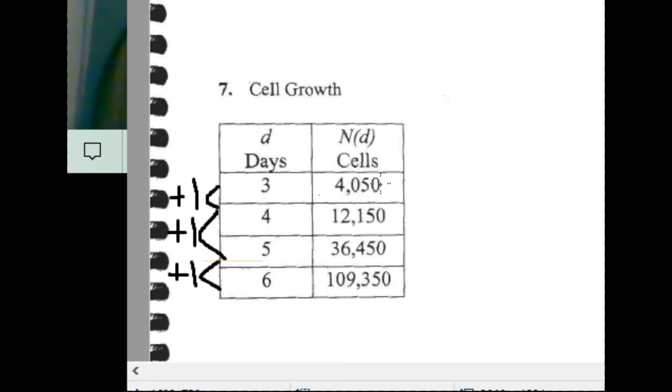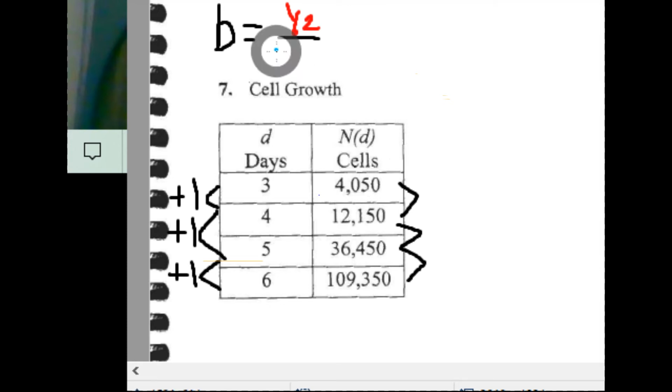So now I need to see if when I go from one output to the next, am I multiplying by the same amount each time, right? So do I have a constant multiplier? And remember, our constant multiplier is called b, and it's equal to our second output, y2, being divided by the output that comes immediately before it, which we refer to as y1. So let's check, okay?